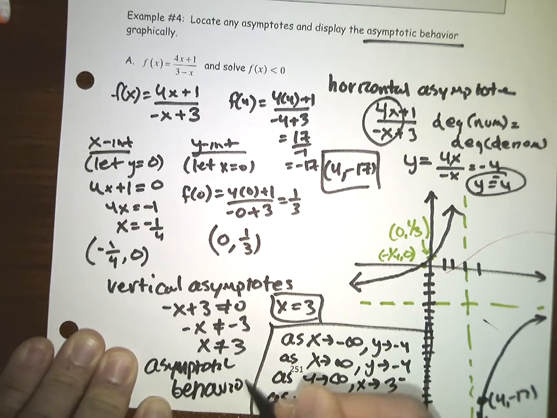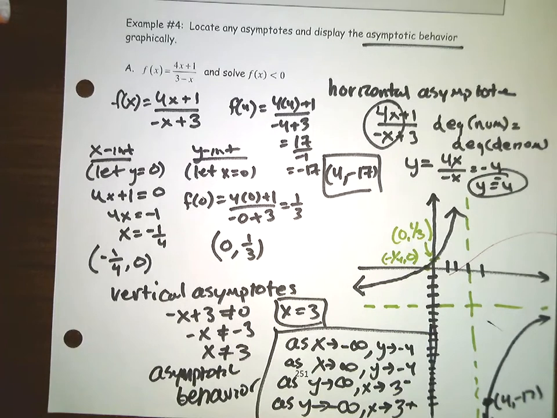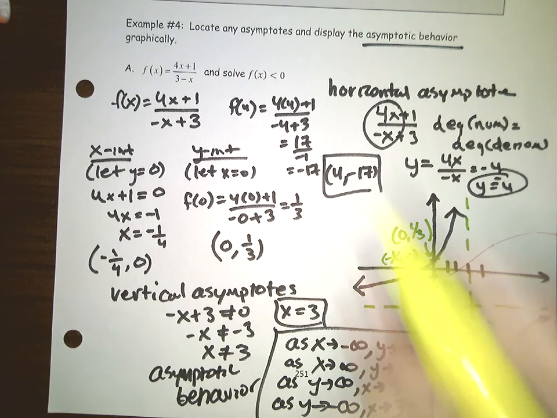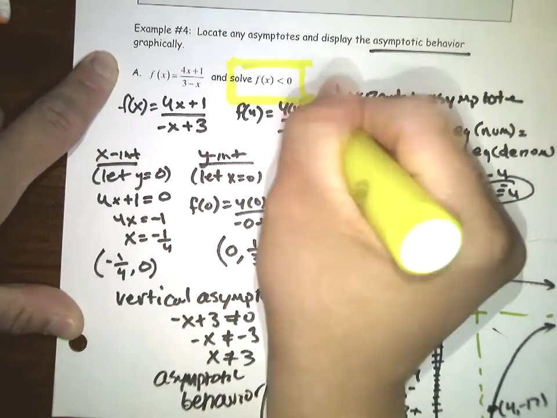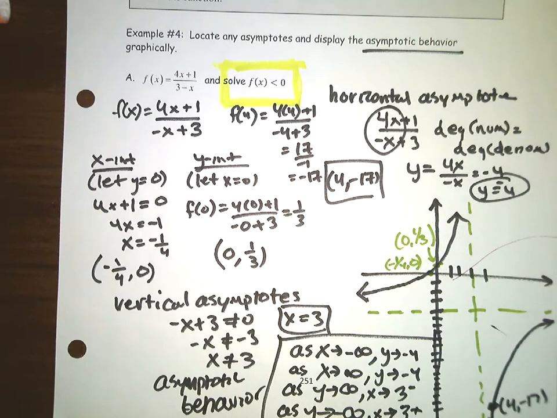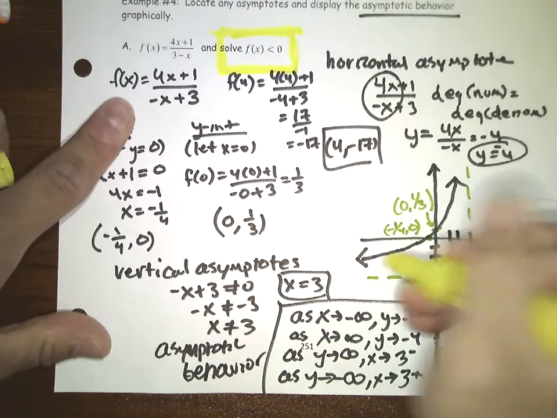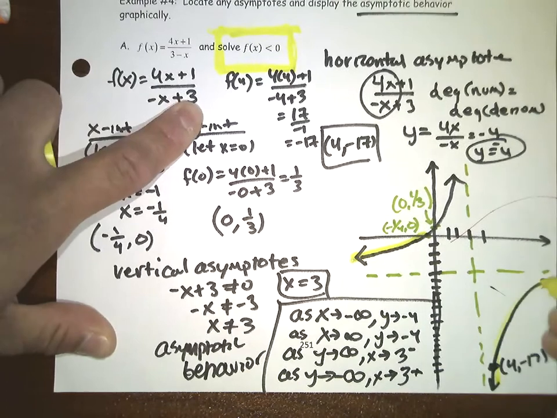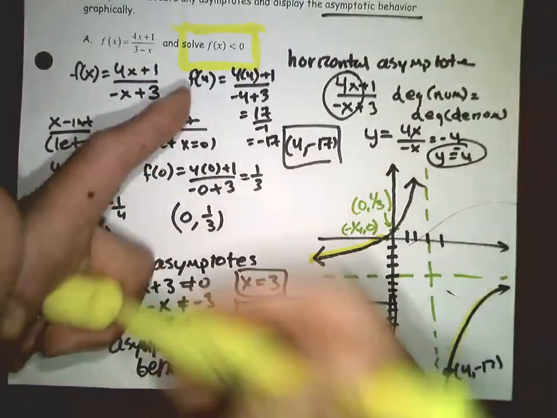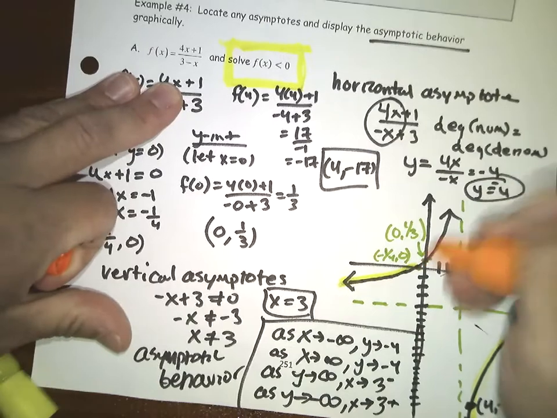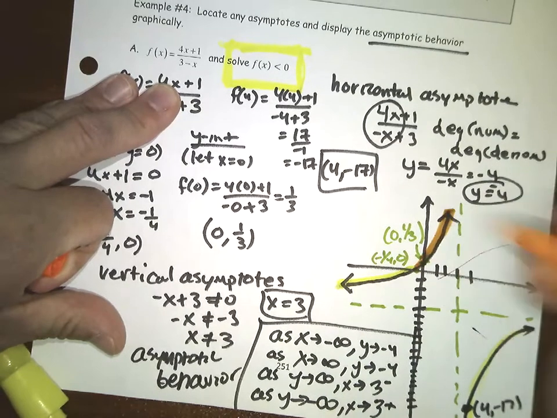Now, the other thing is, don't forget to solve the problem that they asked us for, and that is to find where f of x is less than 0. So f of x is less than 0 over here and over here. All right, over in this portion of the graph, the f of x is actually positive.